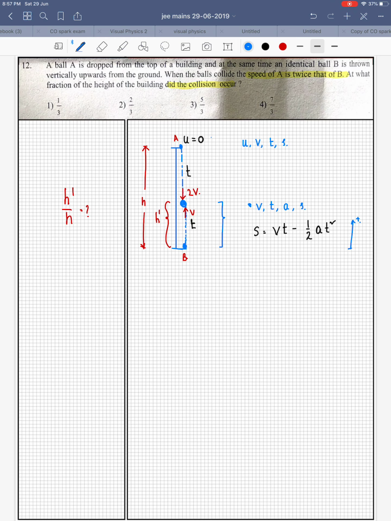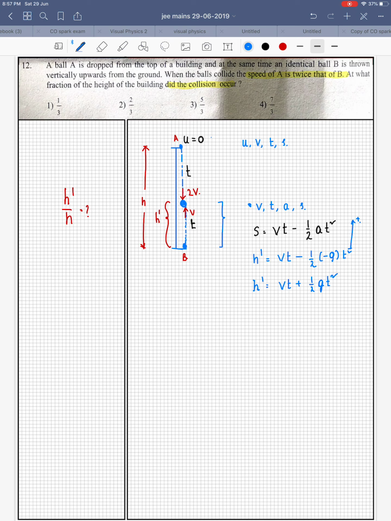So s, meaning h dash, equals vt minus half, a is minus g because g is in the downward direction, minus g t square. So h dash equals vt plus half g t square.